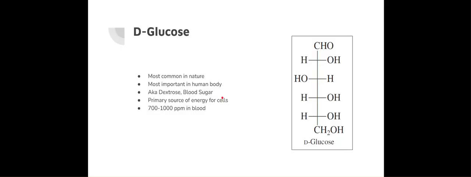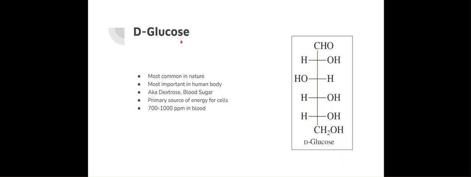Okay, carbs in the body. So glucose, D-glucose, dextrorotary glucose, is the most common in nature. It's the most important one for the human body. This is also called dextrose because of the D for dextrorotary.